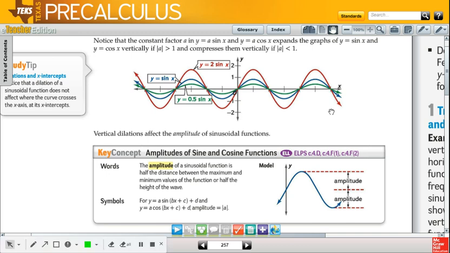All right, the first transformation we're going to talk about is called amplitudes of sine and cosine function. So let me read some information from the textbook.